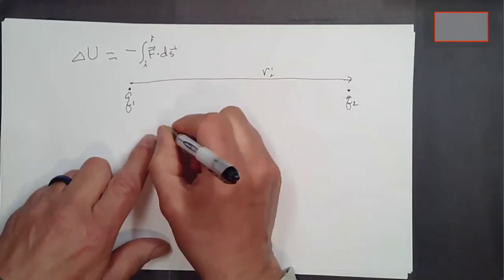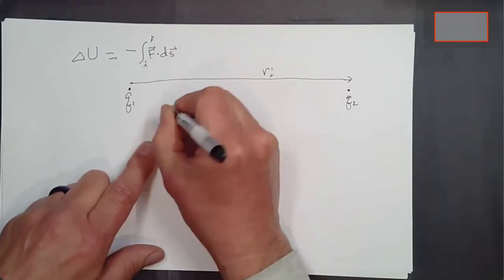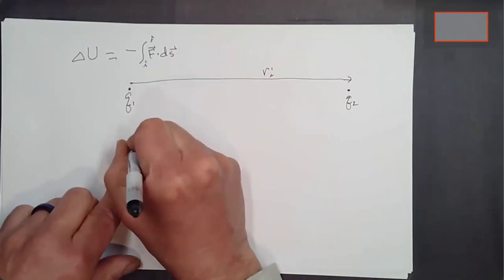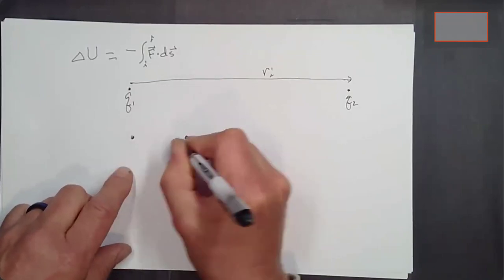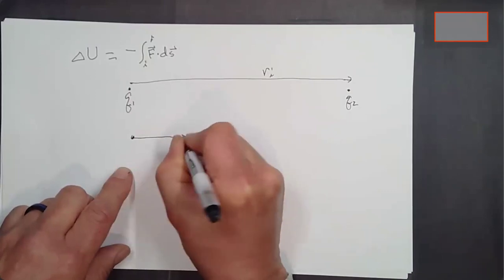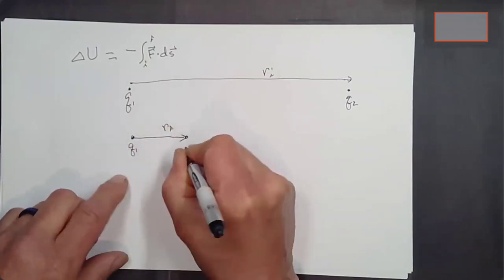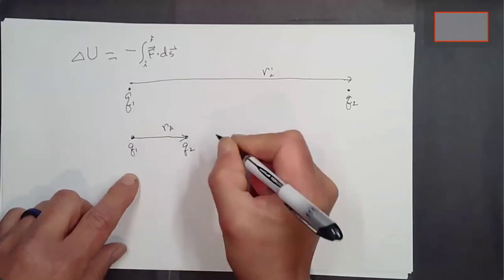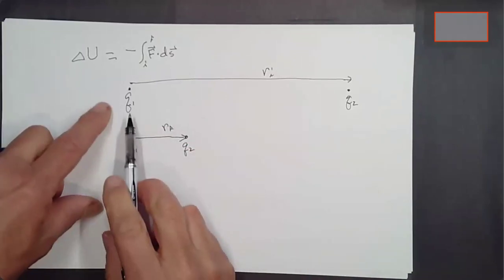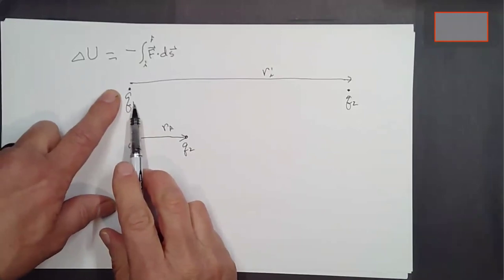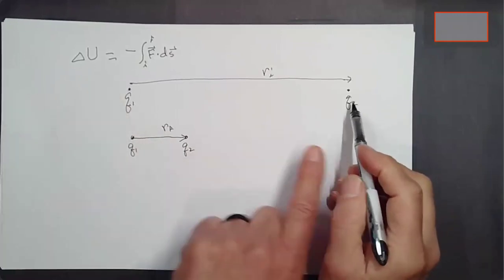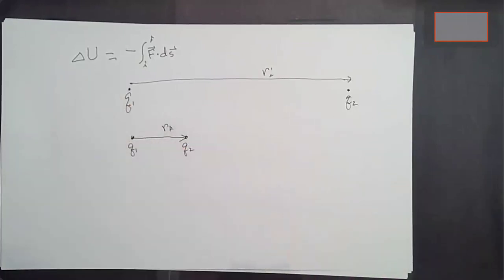And then in the final situation, we're going to have them separated by a much smaller distance that's only going to be R final. So this would be Q1 and this would be Q2 here. And we can imagine that somehow we hold Q1 fixed while we're doing this. And so we're bringing in Q2 here.